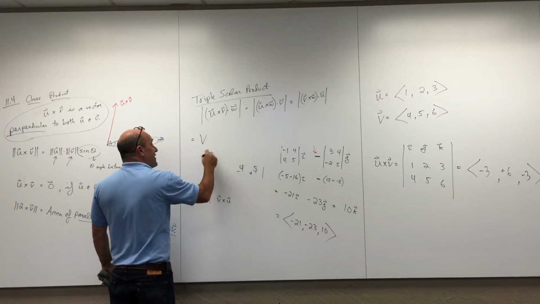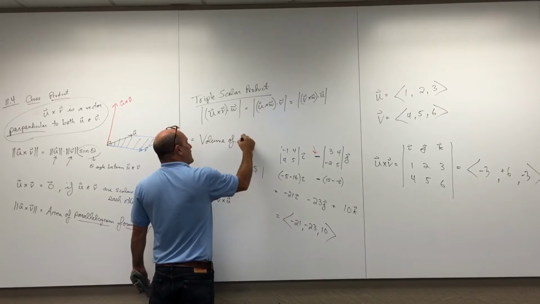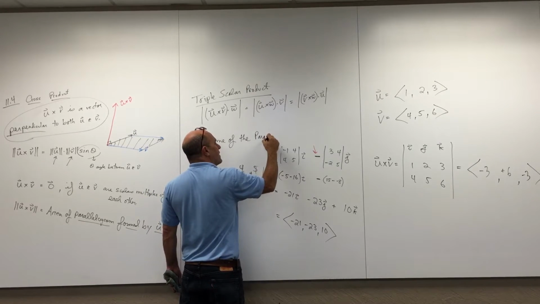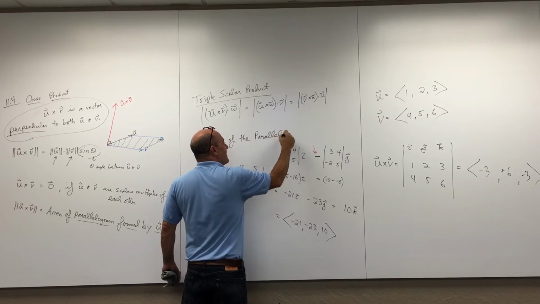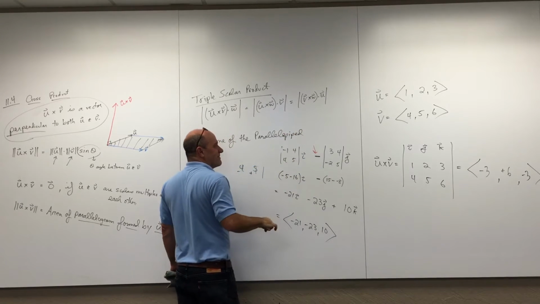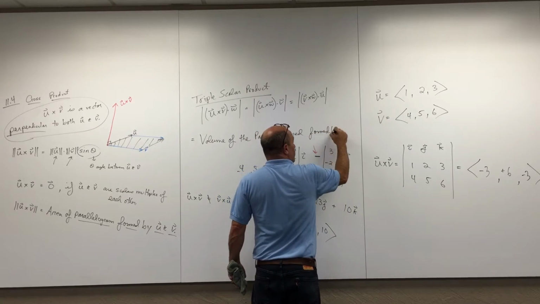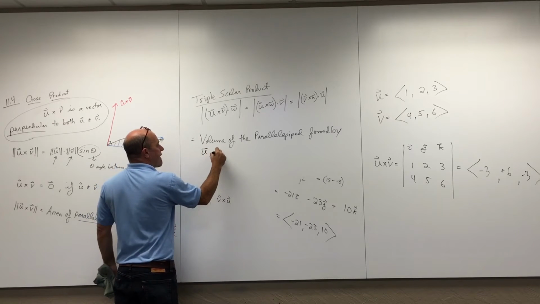With the absolute value on there, it's a positive number, and it is the volume of the parallelepiped formed by the three vectors, formed by u, v, and w.